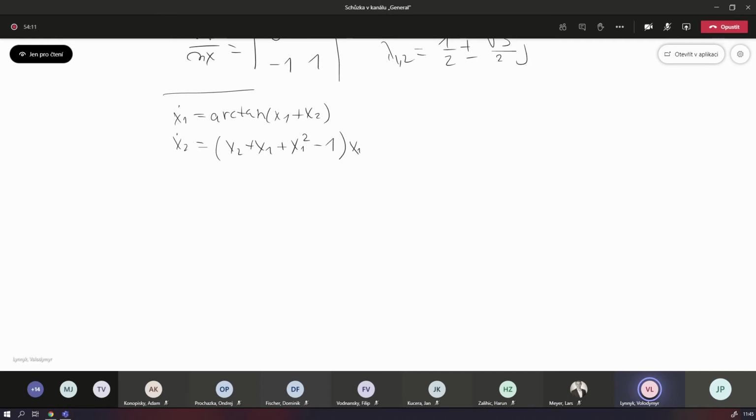Okay, we can find the equilibrium when x1 dot equal to x2 dot equal to 0.